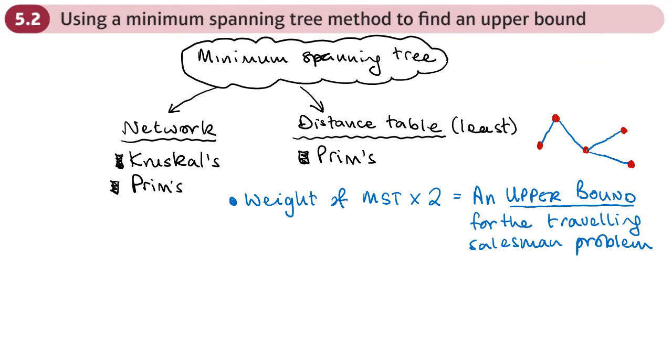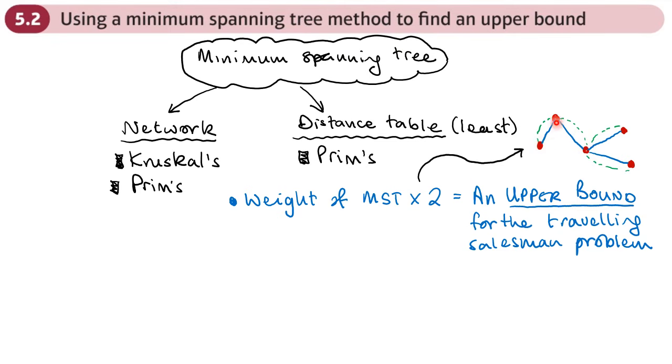Now, why would the minimum spanning tree times by 2 give us an upper bound? Well, imagine this is a minimum spanning tree for a network and we can work out the weight of this. We're basically saying, if I traversed every arc twice, so let's put some different coloured lines in here to show that I'm going along each of those arcs twice, that's like the maximum I have to do to visit every vertex.